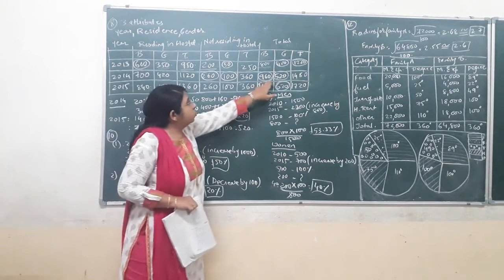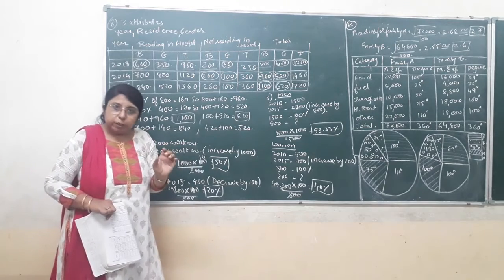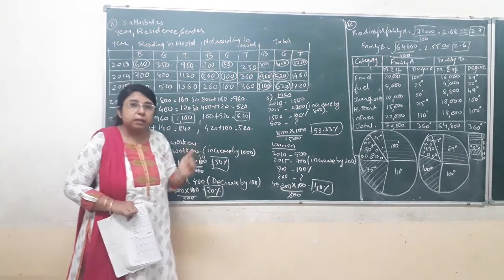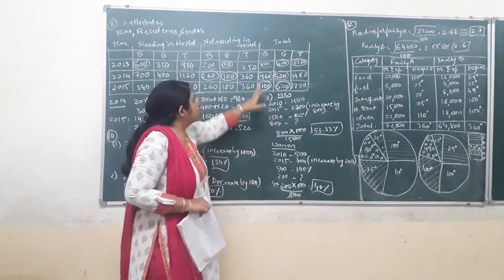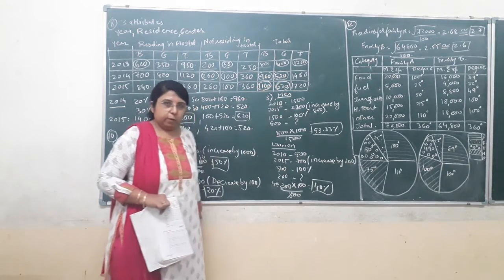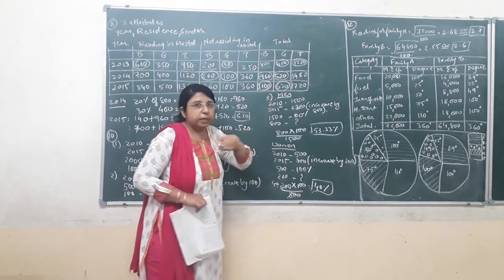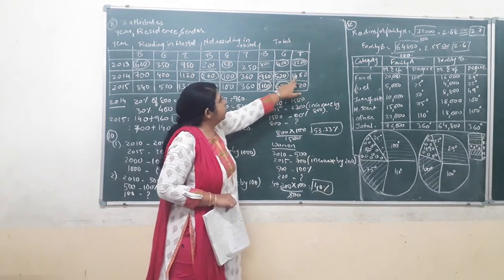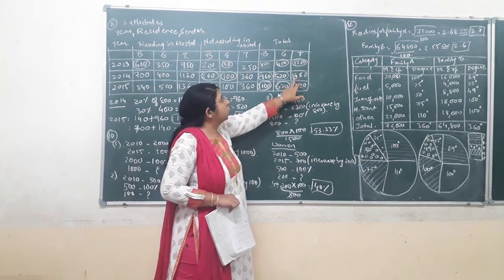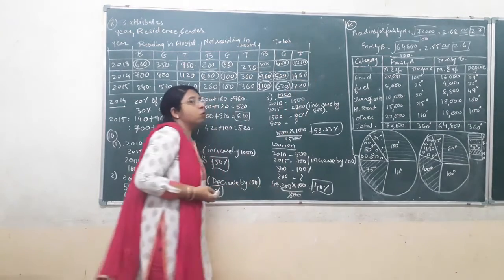These two values we have found out, but the basic data given to you in the question is how much percent has increased in boys and girls compared to the year 2013, so I have circled both of those values. Now both the values of boys and girls have been given to you, so you have to total them, that is 960 plus 520, and it will come to 1480. So this value we have found out.